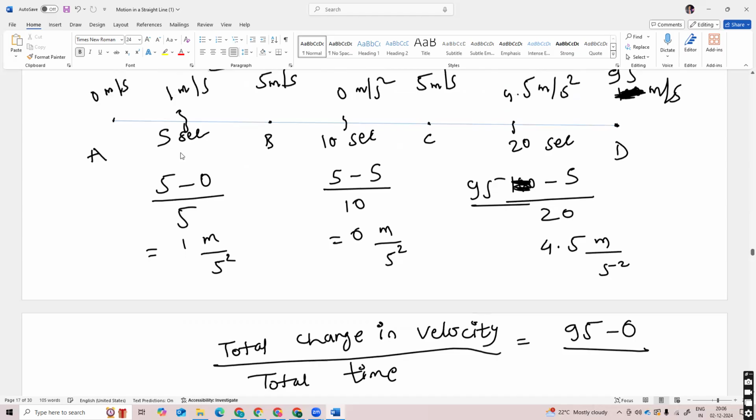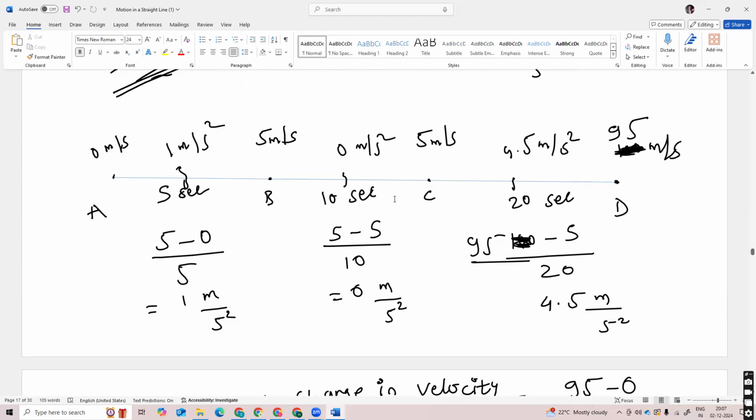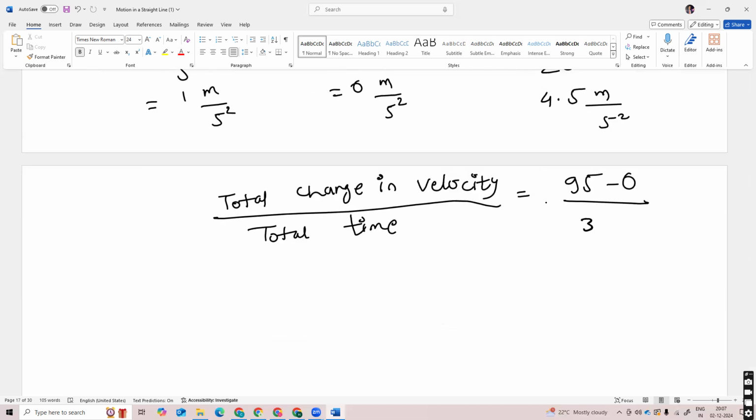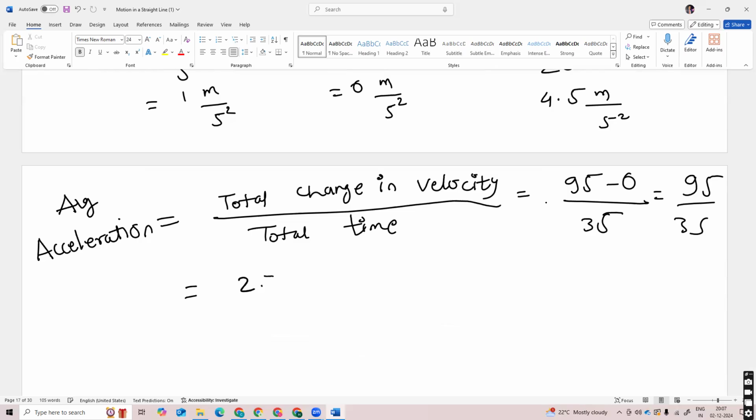And the total time was 5 plus 10 plus 20, which is 35. So average acceleration is total change in velocity upon total time, which is 95 minus 0 by 35. So 95 divided by 35 is almost equal to 2.71 meter per second square. So this was the average acceleration.